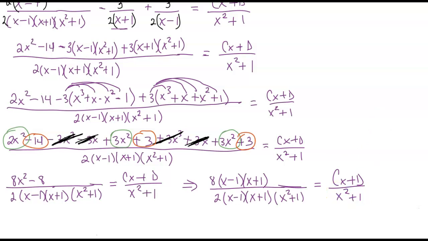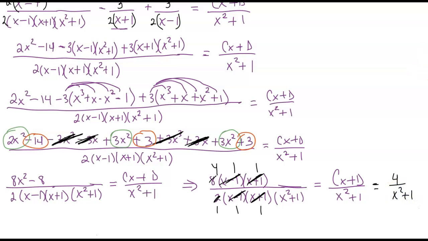And now we start to see the light. So here, the x plus 1 factors reduced to 1. The x minus 1 factors reduced to 1. And 8 divided by 2 ends up being 4. And so what we end up with here, and I'm just going to write it here in black, is just 4 over x squared plus 1.